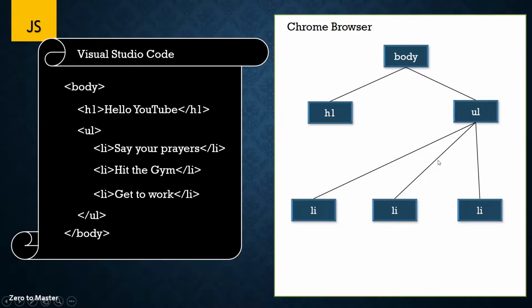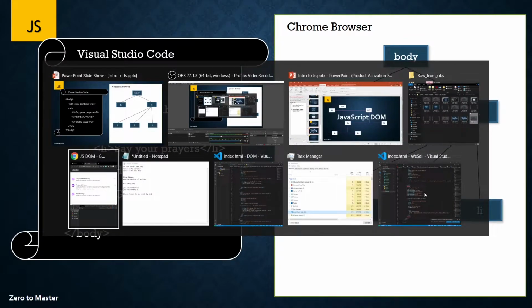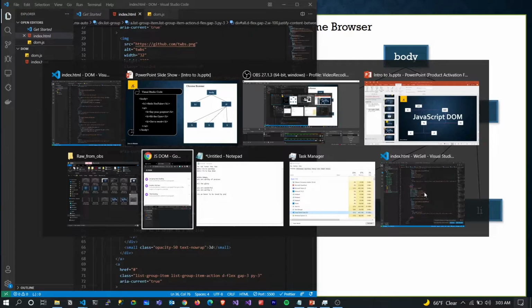As soon as your web page is loaded on your web browser, the DOM creates this representation automatically. That is why we are able to write JavaScript and use DOM manipulation APIs to manipulate our web page, and that's what we are going to be looking at. We're going straight to Visual Studio Code to see how this whole thing works. Let's dive right in.